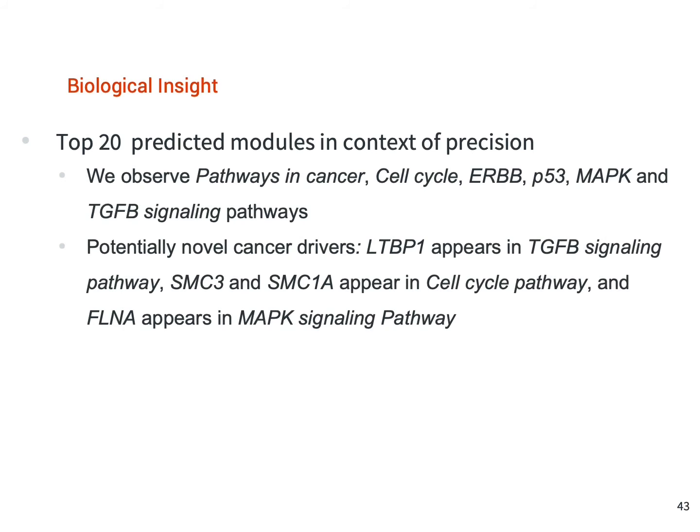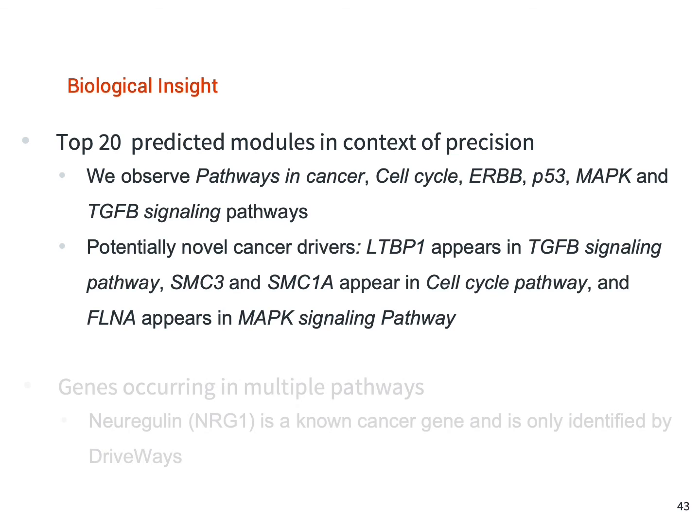Looking at the top 20 predicted modules in context of precision, among the best matched pathways, we observed pathways in cancer and other signal pathways that are associated with cancer. We were also able to find potentially novel cancer drivers, which are LTBP1 that appears in the TGFB signal pathway, SMC3 and SMC1 that appear in cell cycle, and FLN8 that appears in the MAPK signal pathway.